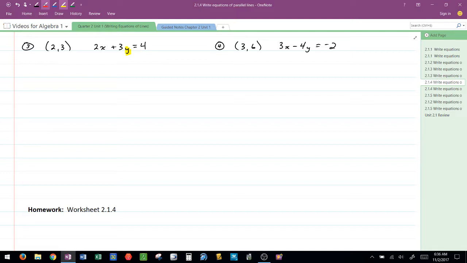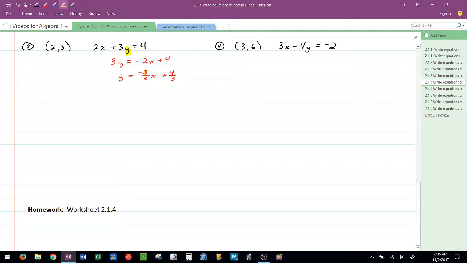So let's try that. All right, so the first thing I want to do here is solve for y. I've got to subtract 2x. 3y equals negative 2x plus 4. Divide everything by 3. y equals negative 2/3 x plus 4/3.